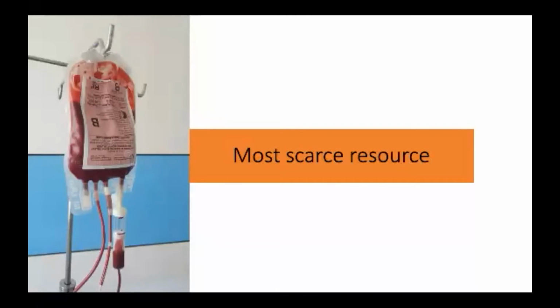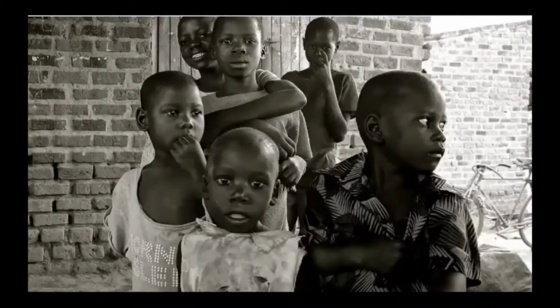However, one of the biggest challenges is blood, and this has led to cancellation of many cases. In our setting the blood transfusion services are quite limited, so performance of cardiac surgery of any kind is riddled with a lot of challenges regarding transfusion.